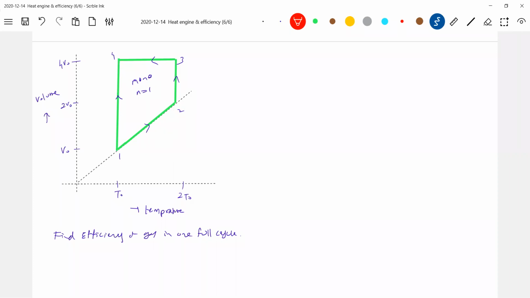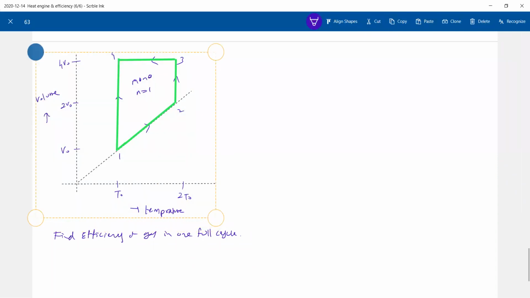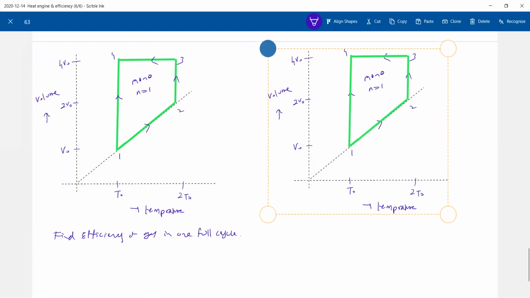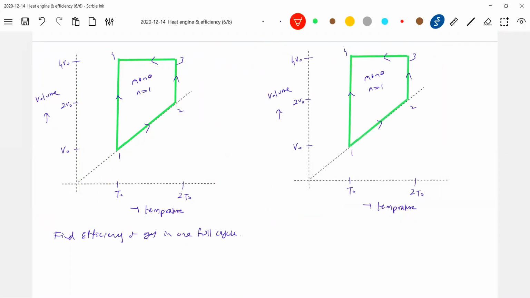There's a question. Let me give one more. Let's analyze here. So this is isobaric heating.